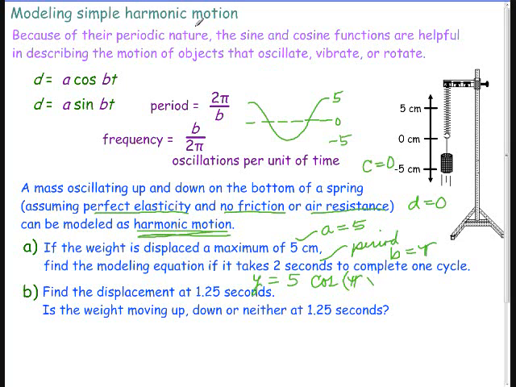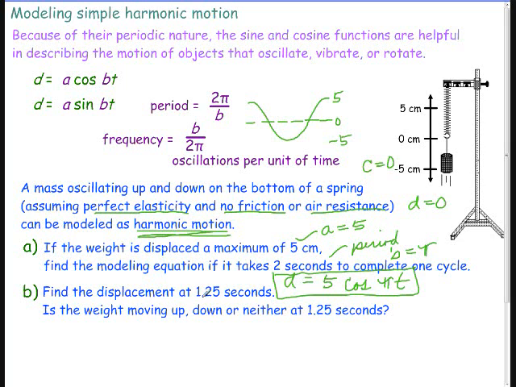No, in this case t. In fact, let me choose the correct one. I'll do it all over again, because we were going to use d for distance. D equals 5 cosine pi t. That would be our equation.